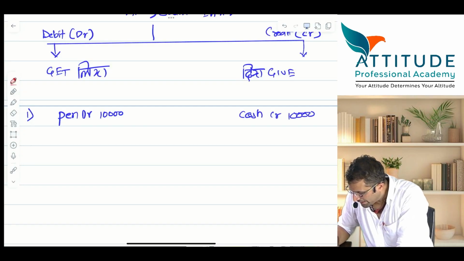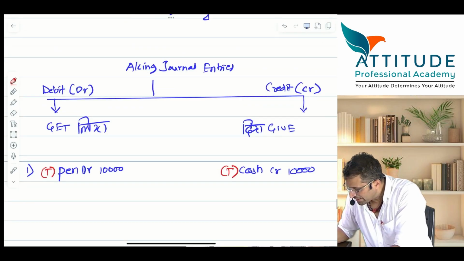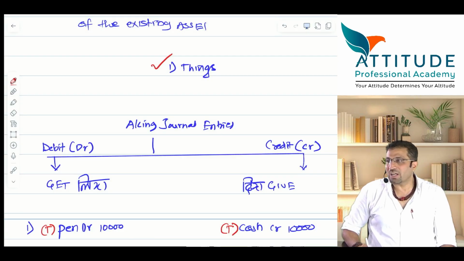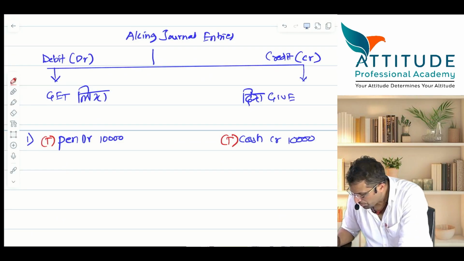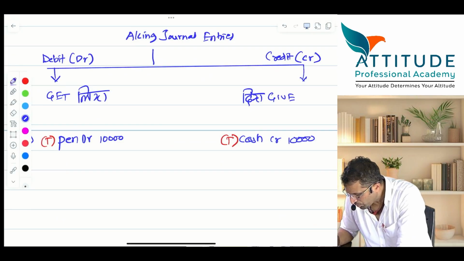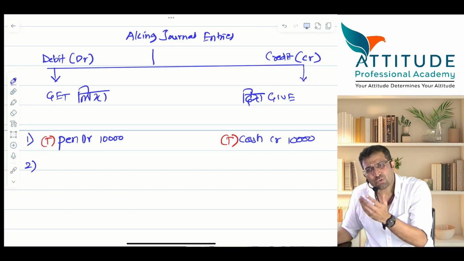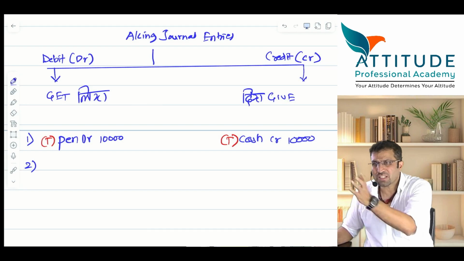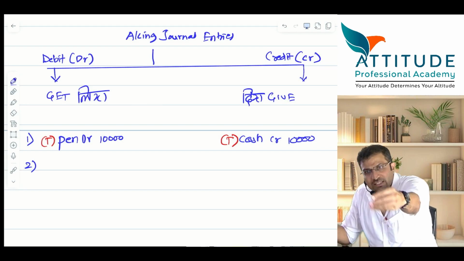Sir. Pen is a thing. Cash is also a thing. So लेन देन चीजों का भी हो सकता है. Understood? Yes. Now answer this. Point number two. Sir, the same pen I sold it for 15,000. All these pen I sold it for 15,000 to someone, and that customer paid you 15,000 rupees.